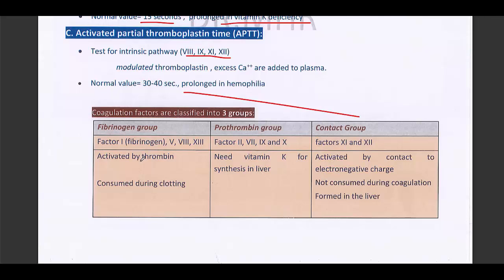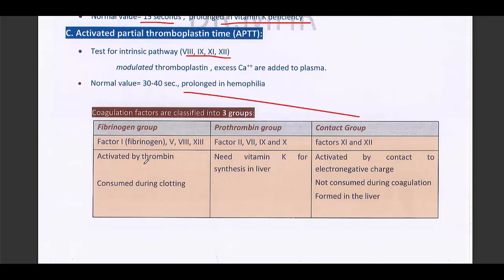Coagulation factors are classified into 3 groups. The first is the fibrinogen group: factor 1 fibrinogen, and factors 5, 8, and 13. It is activated by thrombin and consumed during clotting. The second group is the prothrombin group, containing factors 2, 7, 9, and 10.